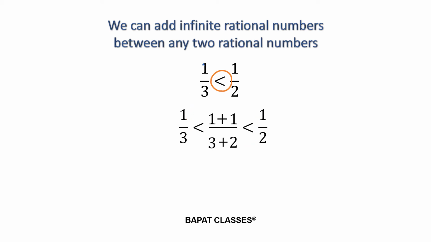Next add the terms in the denominators of the fractions, 3 and 2. 1 plus 1 equals 2 and 3 plus 2 equals 5. So we have added one rational number between 1 by 3 and 1 by 2.